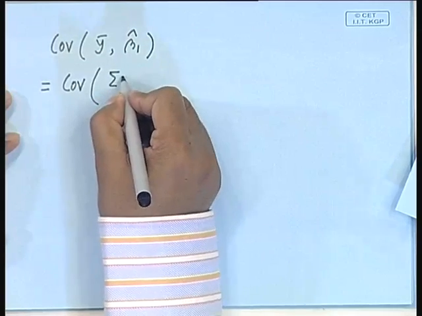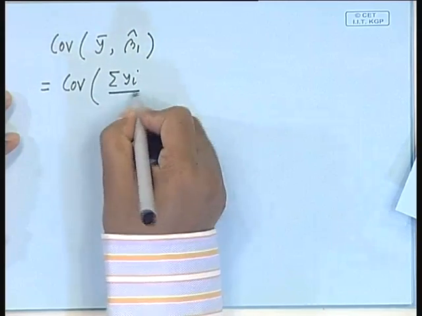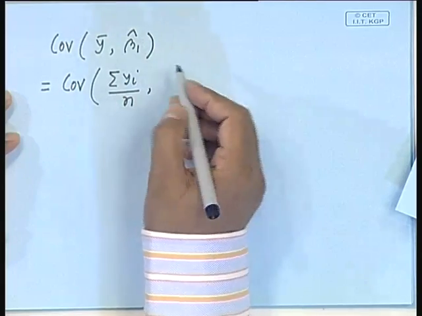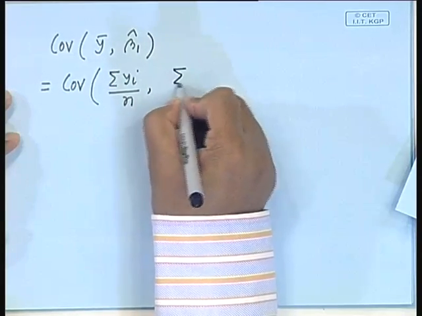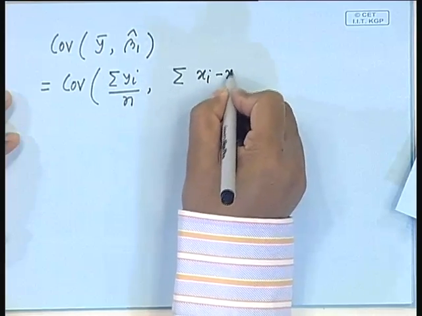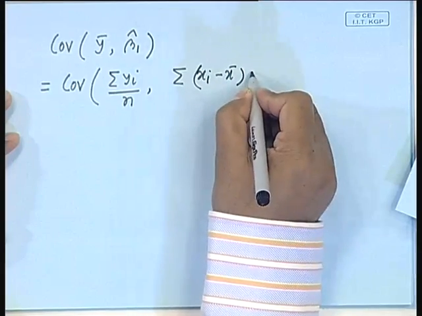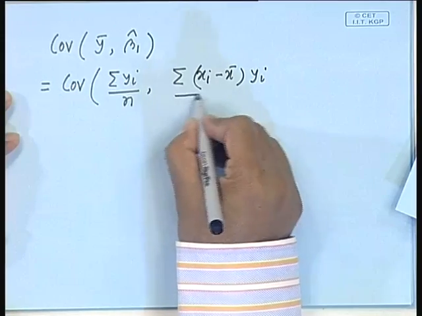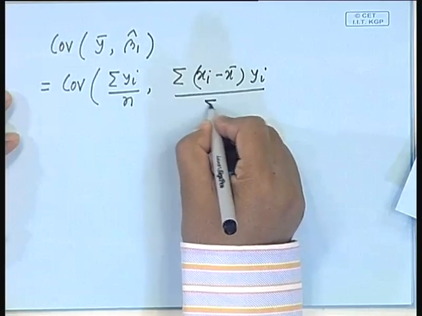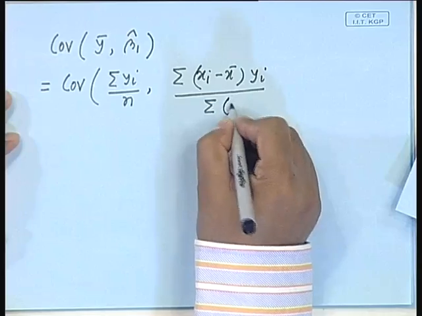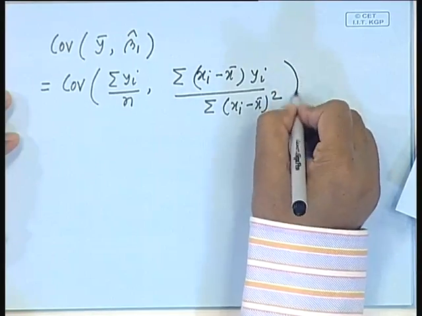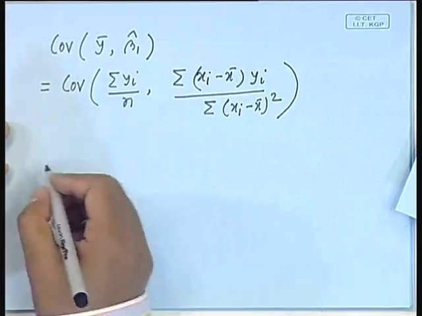Y bar is equal to summation yi by n, and beta 1 hat is equal to summation xi minus x bar into yi by summation xi minus x bar whole square, right.